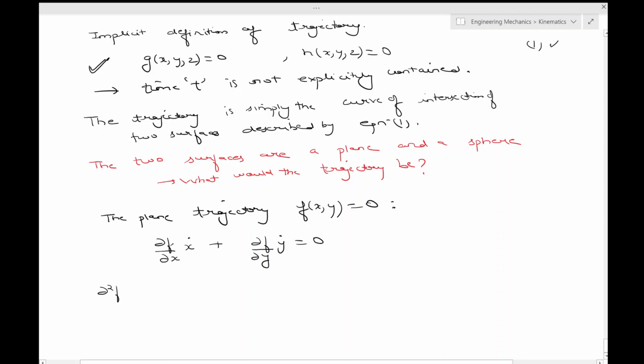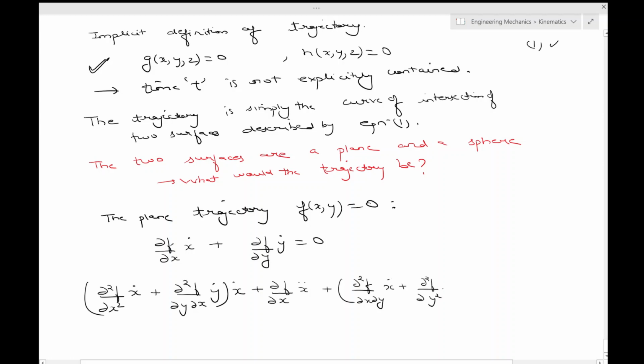That should give us ∂²f/∂x² times x dot plus ∂²f/∂x∂y times y dot, plus ∂f/∂y times y double dot is equal to 0.